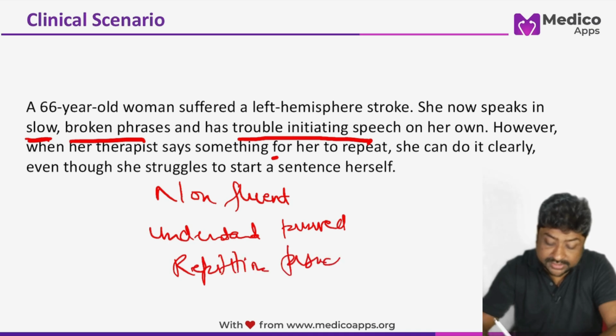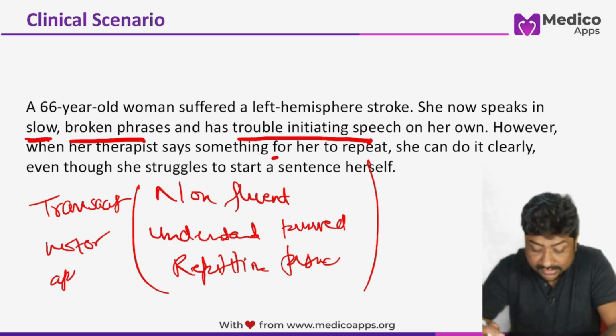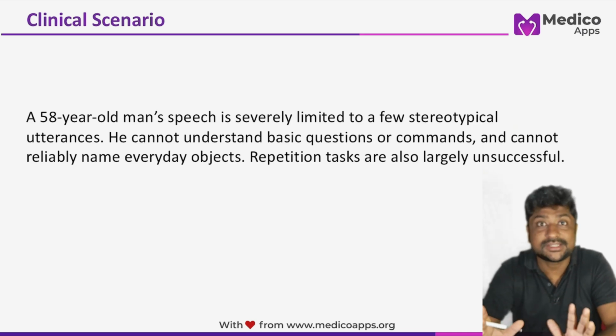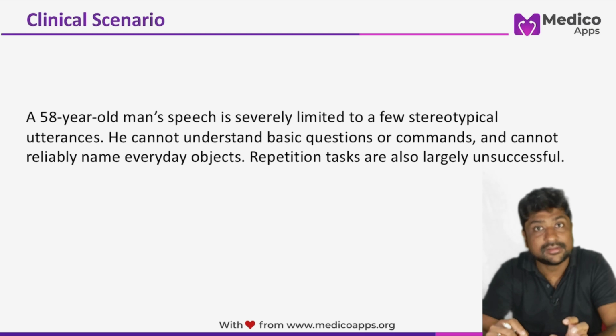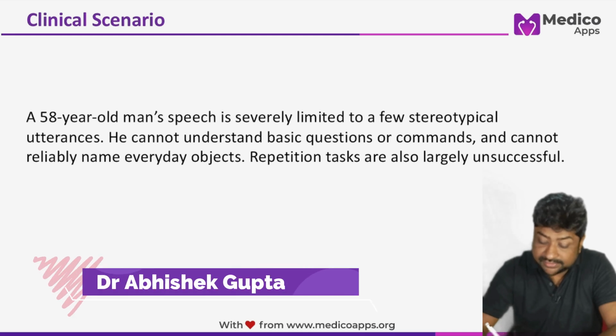So this will be a motor aphasia, transcortical motor aphasia. Let's look at another clinical scenario. I'm giving you so many clinical scenarios so that once you are done with this lecture, you can read a clinical scenario and tell what kind of aphasia this is.